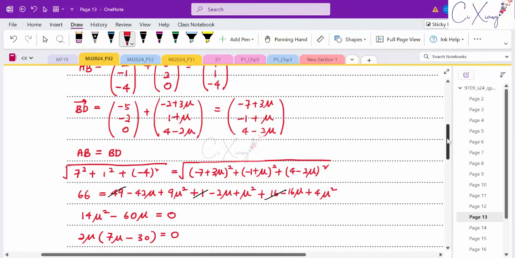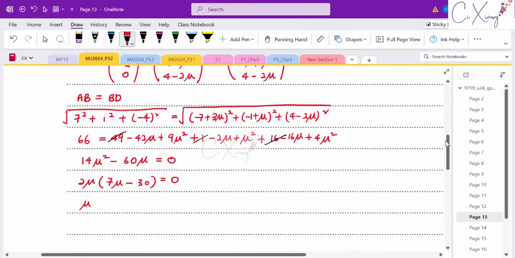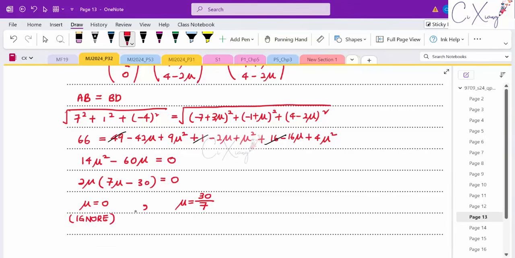Okay. Now I'm solving for mu. So mu equals 0 and also mu equals 30 over 7. For these two values, we will actually ignore the value of mu equals 0. Why do we need to ignore mu equals 0?